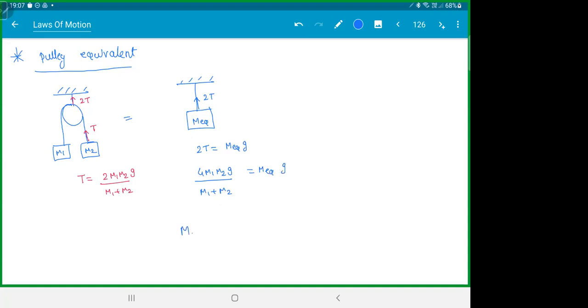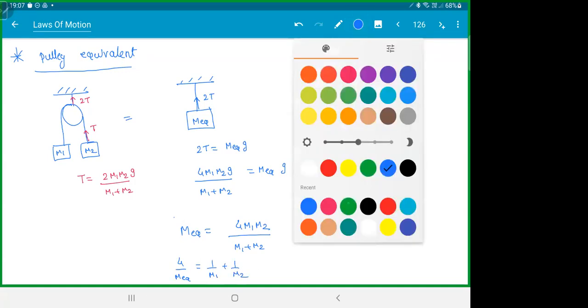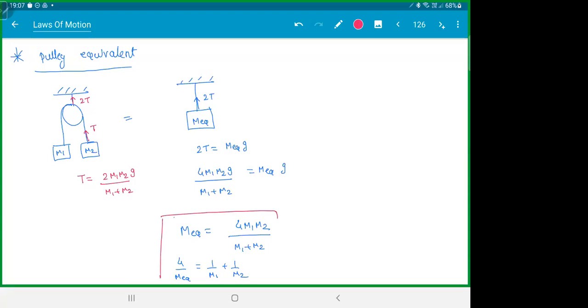So we get the mass equivalent of this pulley is 4 times M1 M2 by M1 plus M2, or 4 by M equivalent is 1 by M1 plus 1 by M2. You can replace that entire pulley with this M equivalent mass.